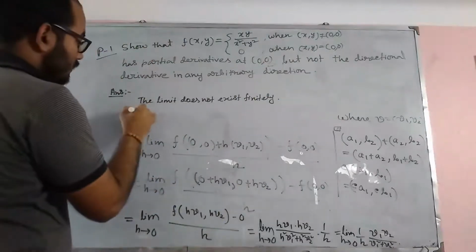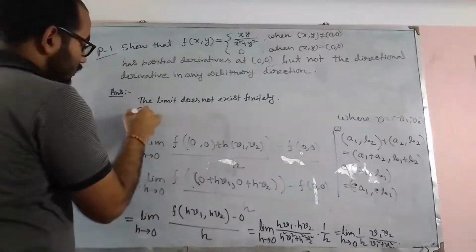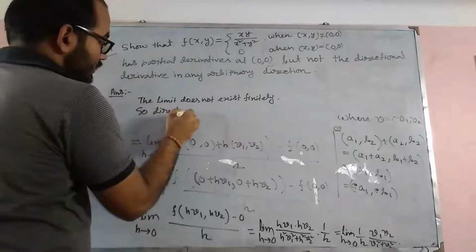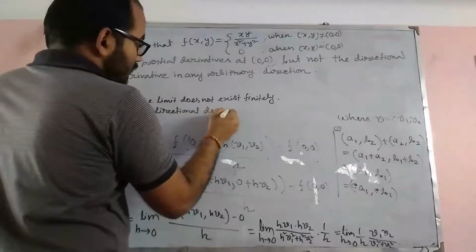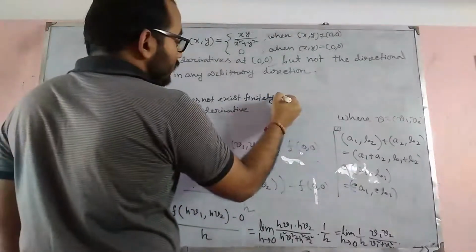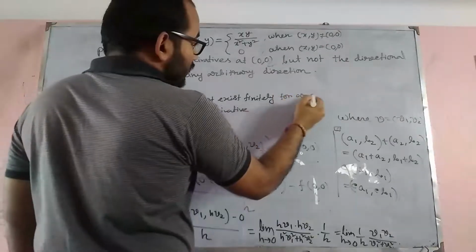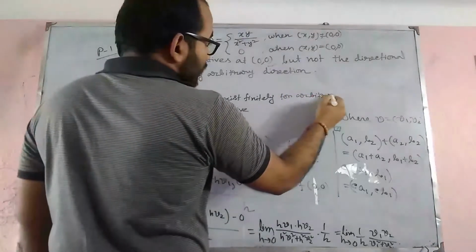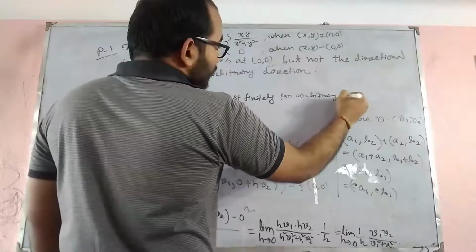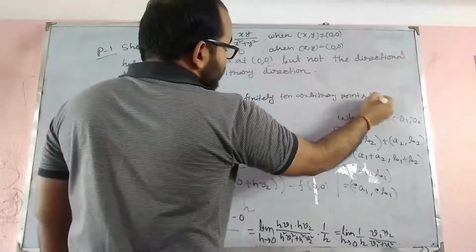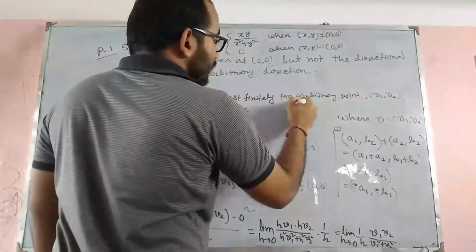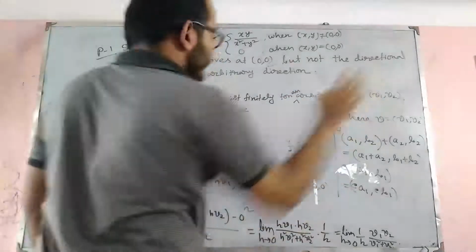So the directional derivative finitely for an arbitrary point v1, v2.